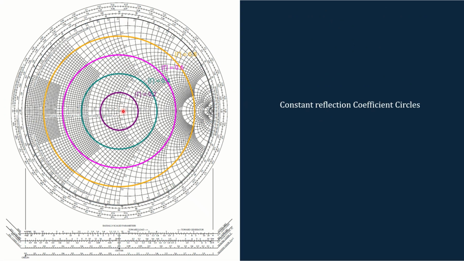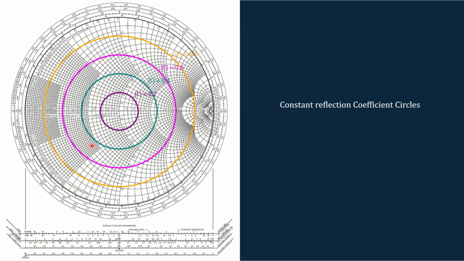If you draw constant circles with the center at this matched point, any load impedance on a given circle will have a constant reflection coefficient. Any load on this circle will have a reflection coefficient magnitude of 0.2.